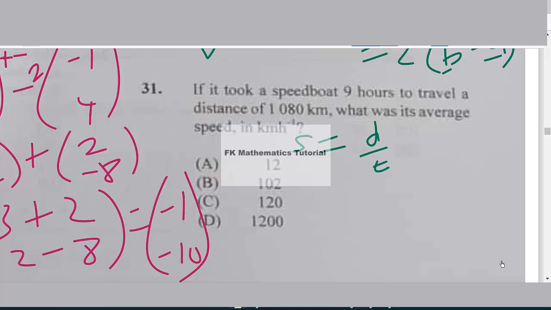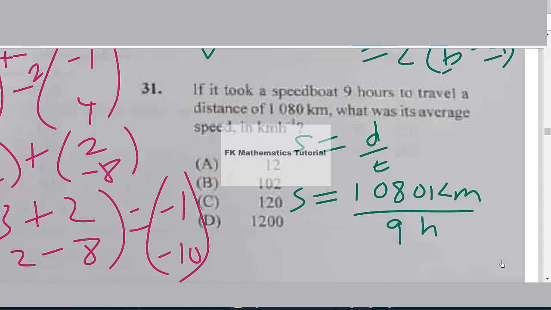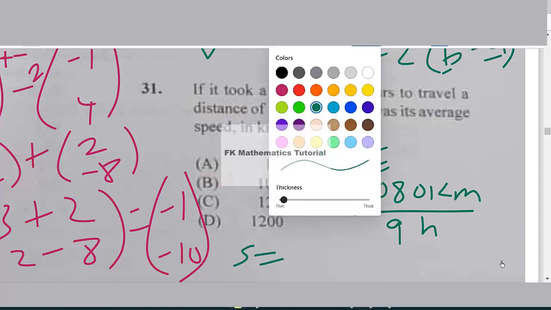So the distance is 1,080 kilometers, and the time is 9 hours. So the speed will now be equal to, we need to cancel out something here.